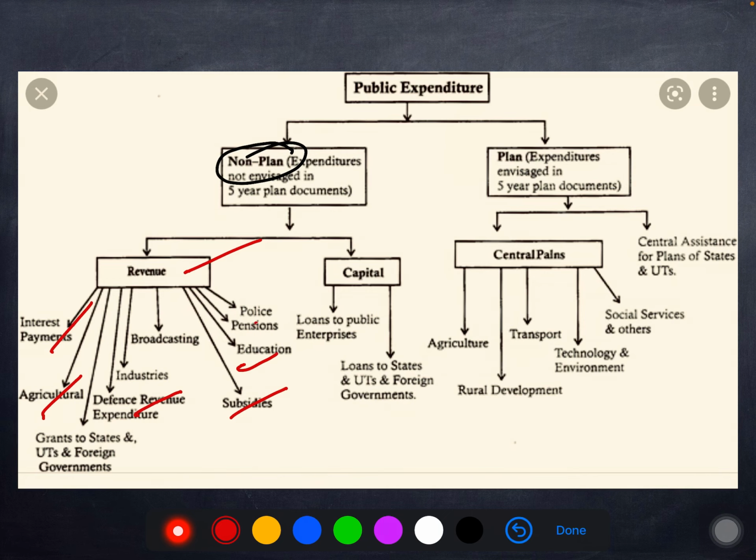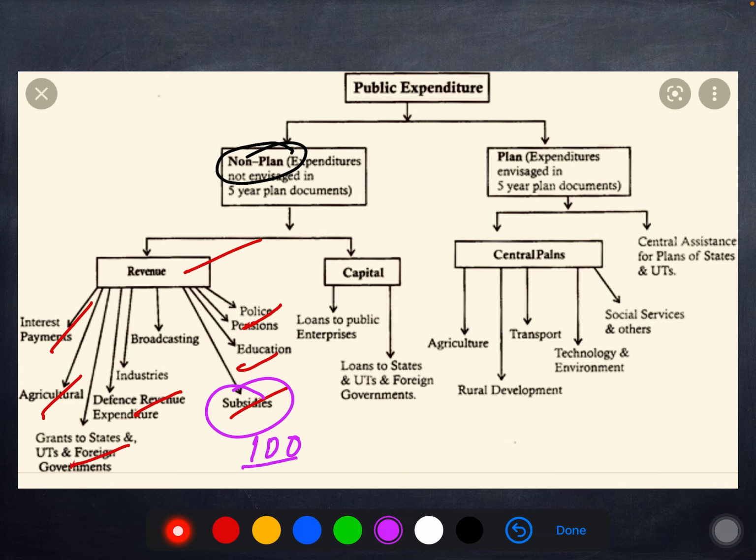So, on education, pensions. Let me tell you what subsidies are. For example, if a firm is supplying fertilizer at 100 rupees for 1 kg, a poor farmer can't afford to pay 100 rupees per kg.